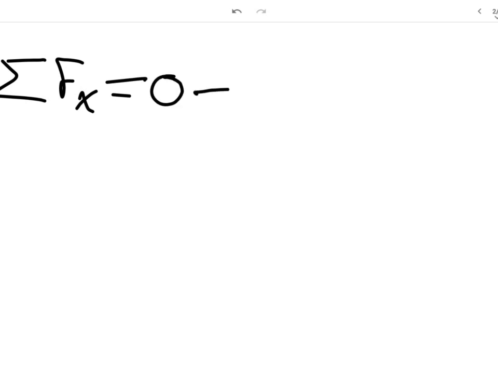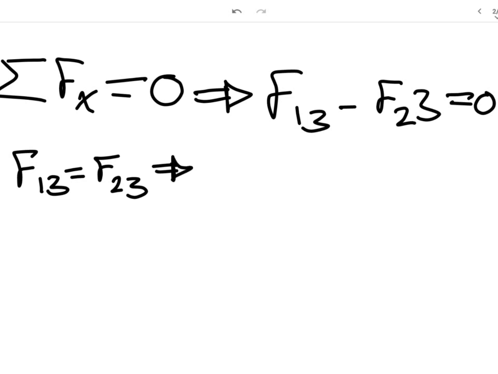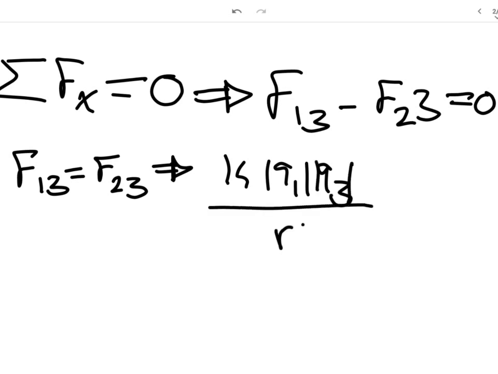So they told you the net force on x is equal to 0, which means that F13 minus F23 is equal to 0. So F13 equals F23, which means that k Q1 Q3 over R squared is equal to k Q2 Q3 over R squared.